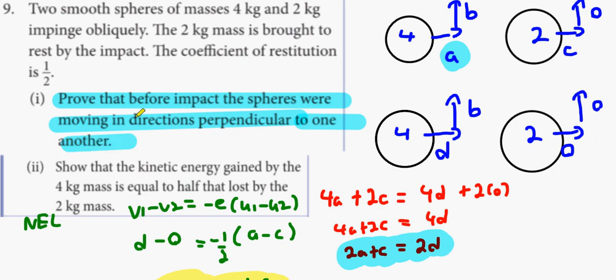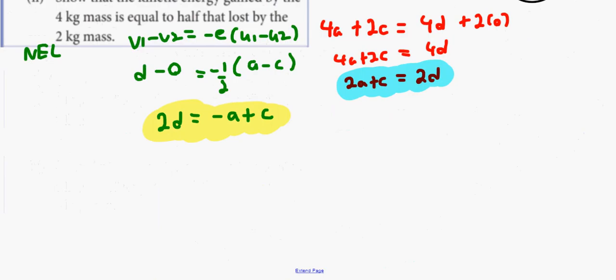If the 2 kilogram particle is moving directly to the left or directly to the right, it means that the 4 kilogram particle must be either moving directly down or directly up, one or the other. Essentially, if I prove A equals 0, they're perpendicular to each other. That makes sense? My job is to isolate A and prove it equals 0. That is my job.